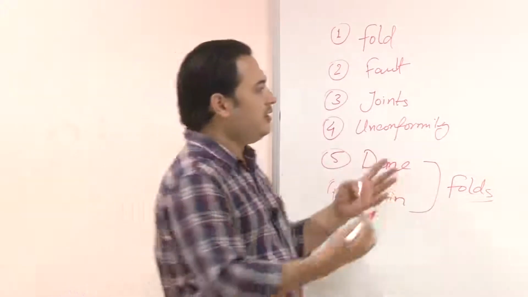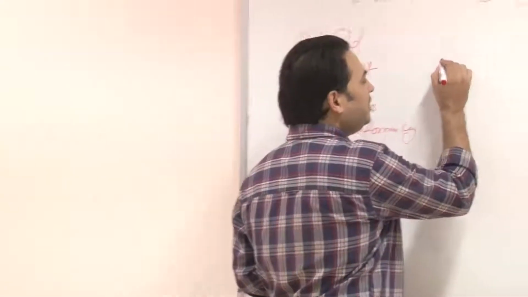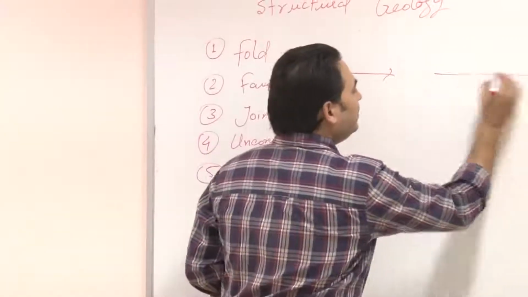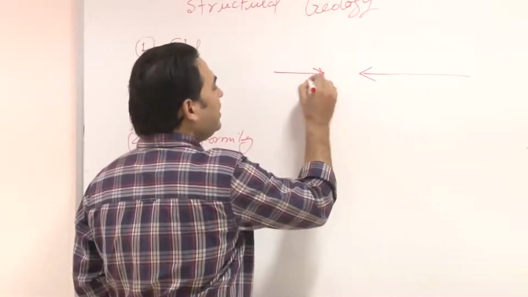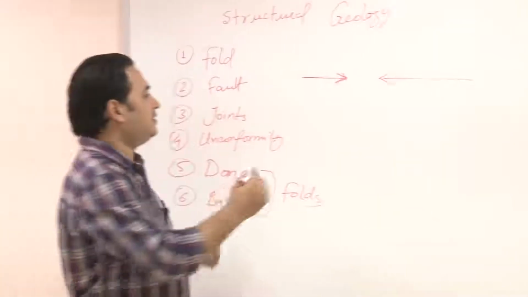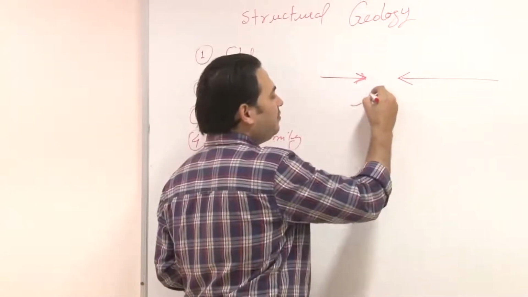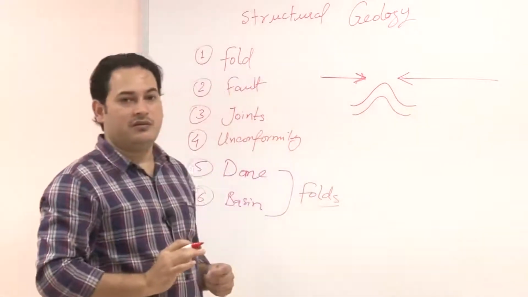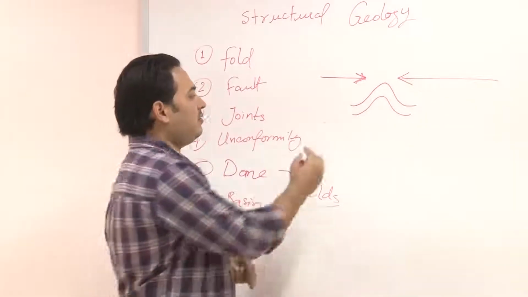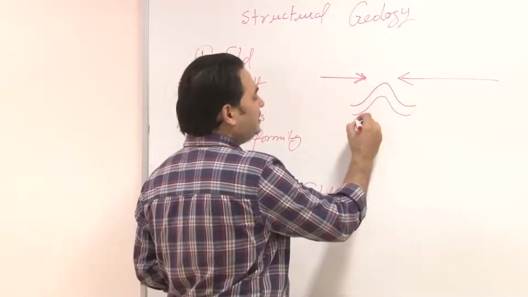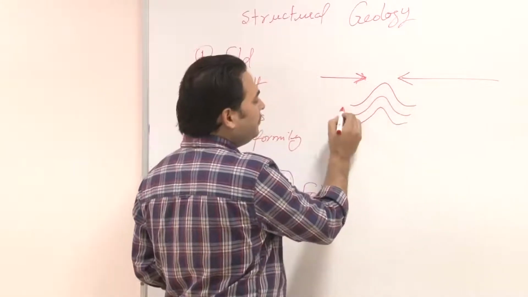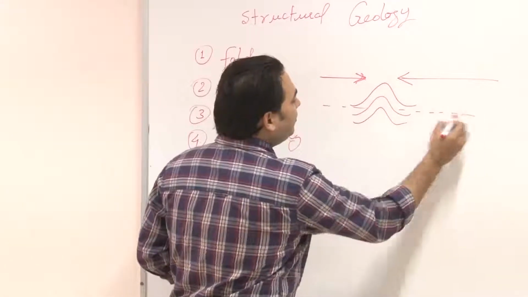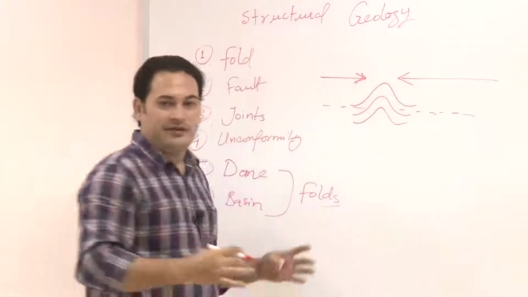In the compressional tectonic regime, there are stresses acting from both directions and the strata becomes folded in this form. Suppose other parts of this strata have been removed under some erosional activity.